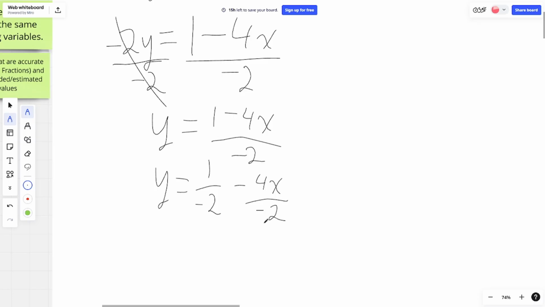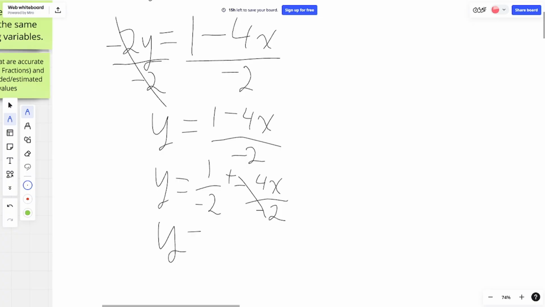As our denominator should be the same for both of the terms, we will simply get, obviously, a negative divided by negative will equal a positive, and then 4 divided by 2 will equal 2x.